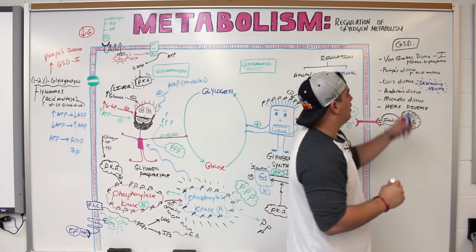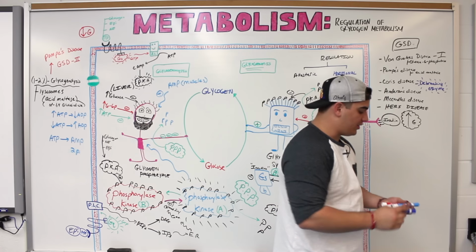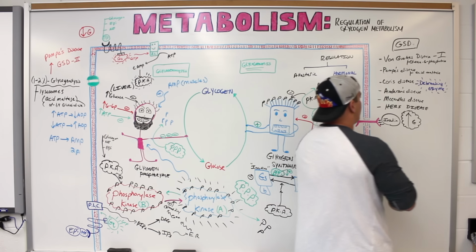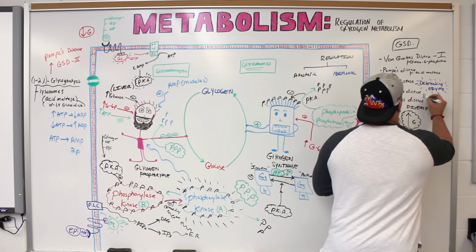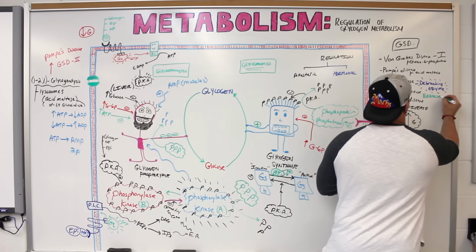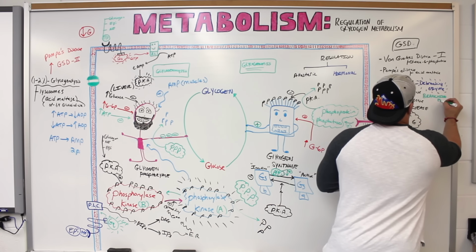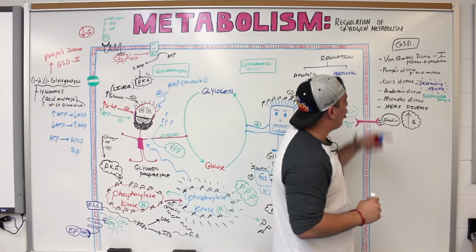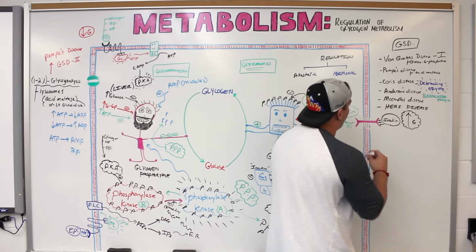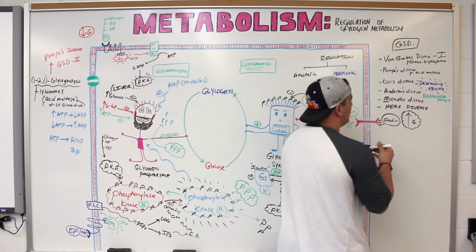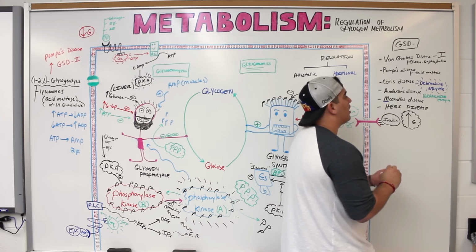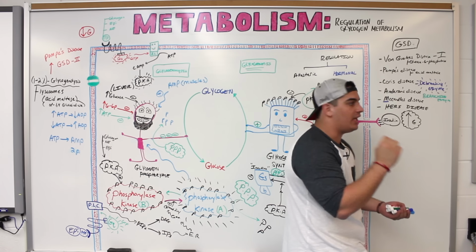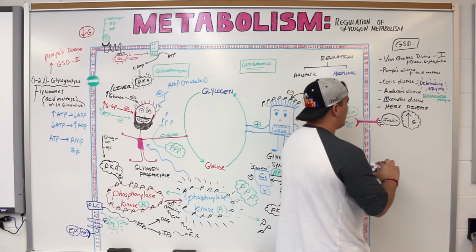What comes after A? B. This is the deficiency in branching enzyme. So if you have a deficiency in the branching enzyme, this can also cause a glycogen storage disease. Then, the M in McArdle's disease, this is the deficiency in the glycogen phosphorylase, but specifically in the muscles, because they behave differently.